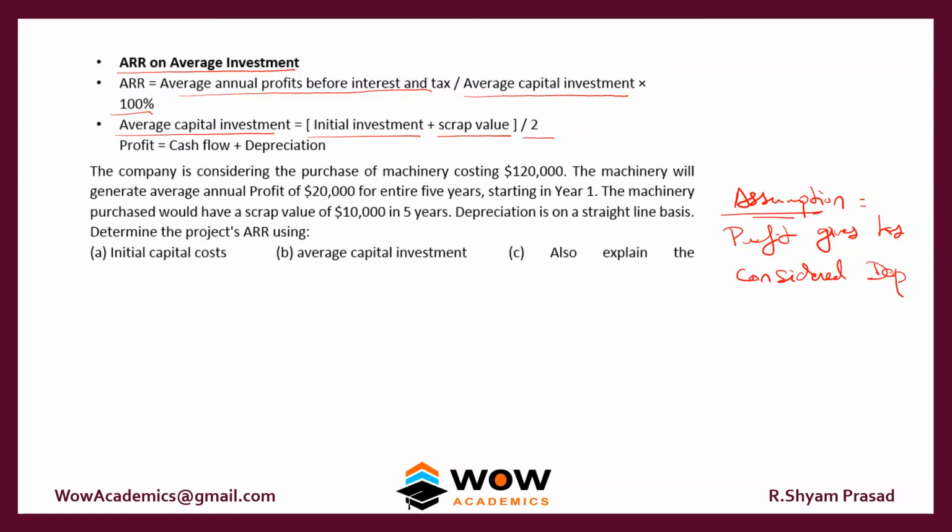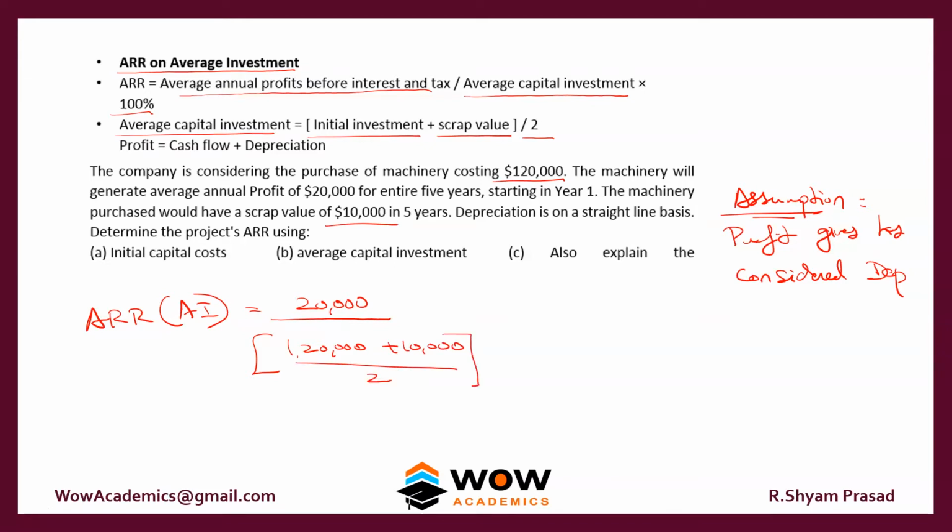So we'll start. ARR on average investment. The numerator is not going to change; it's the same 20,000. But the denominator will change. The initial investment was 1,20,000 and the scrap value is 10,000. First take an average of these, and then proceed further.